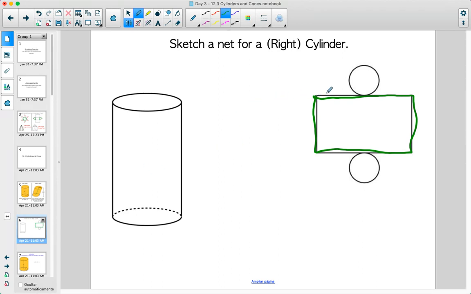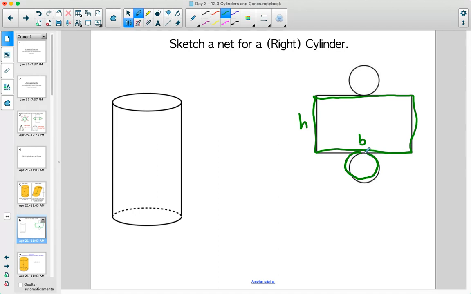Okay, so if you notice this lateral area right here, the one in green, it is a quadrilateral. So we know that a quadrilateral has, the area of it is the height and then the base. Okay, well, we also talked about how this base right here wraps around this circle.